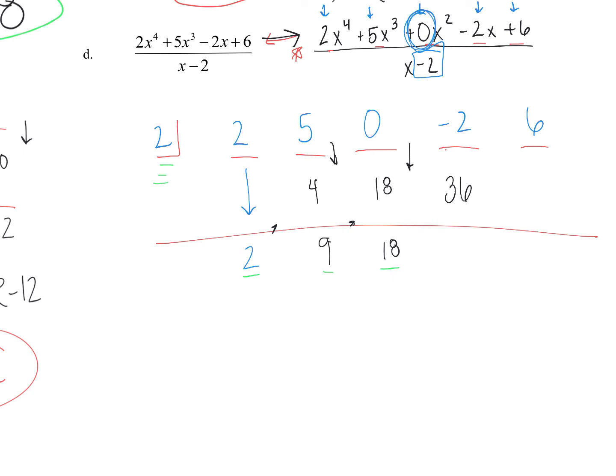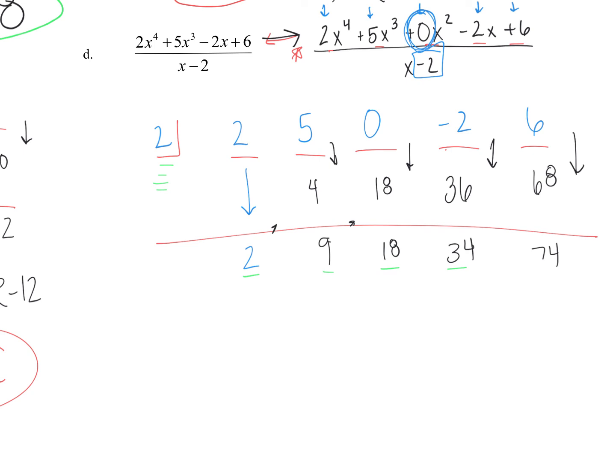And here we have negative 2 plus 36, which gives me 34. And then I multiply 2 times 34, which gives me 68. And then I just add these two up, which ends up being 74.